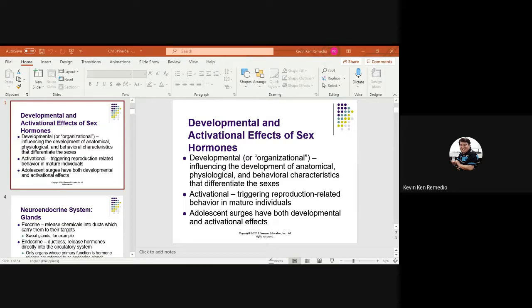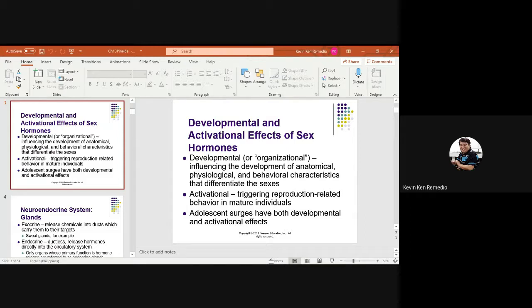In adolescence, it's different again. We enjoy watching Netflix documentaries and series, YouTube videos, and K-pop fans watch Korean dramas or Korean pop videos. So the behavior that we display is also affected by the sex hormones that we possess.